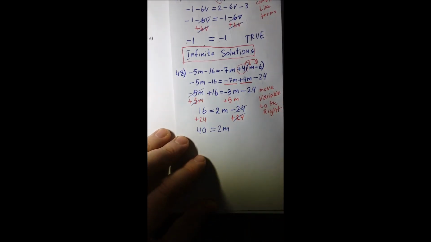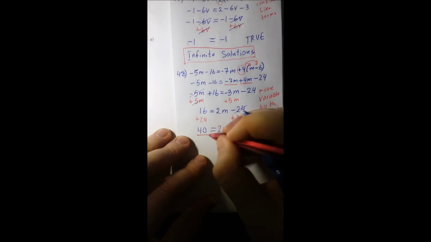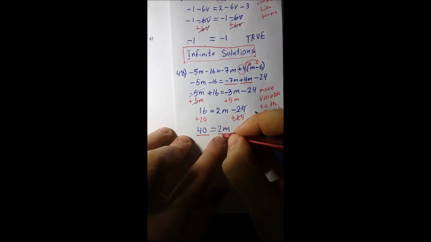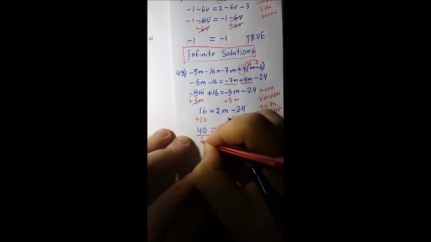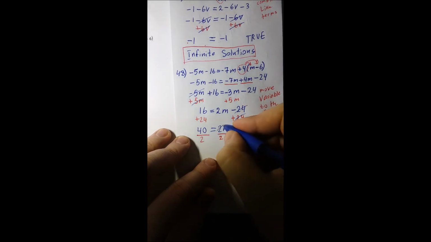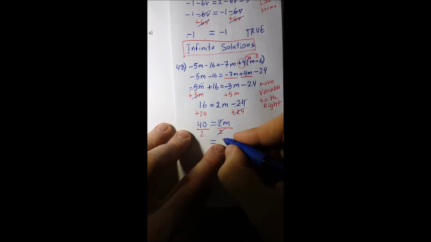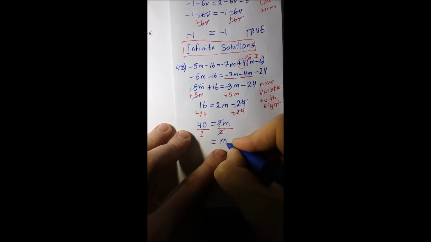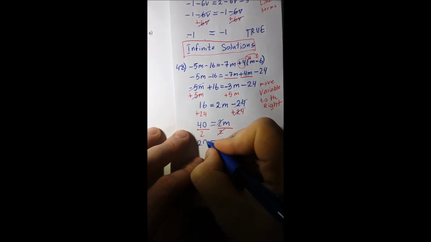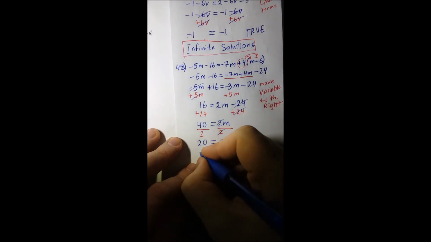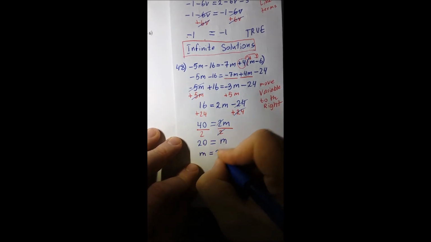And now divide both sides by the coefficient of this term, which is 2, to completely get rid of all the numbers and isolate the variable m. 40 divided by 2 is 20. 20 equals m, or m equals 20.